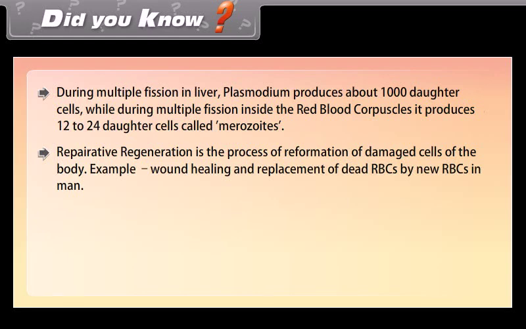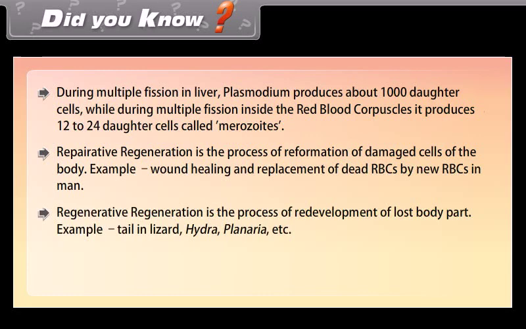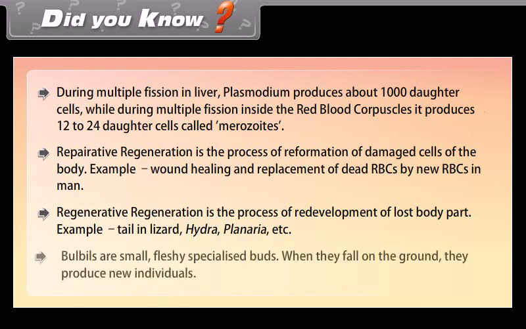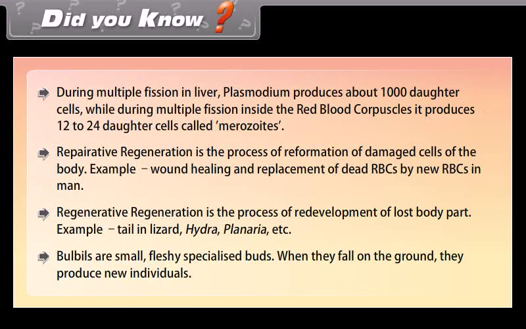Example, wound healing and replacement of dead RBCs by new RBCs in man. Restorative regeneration is the process of redevelopment of a lost body part. Example, tail in lizard, hydra, planaria, etc. Bulbils are small, fleshy, specialized buds. When they fall on the ground, they produce new individuals.